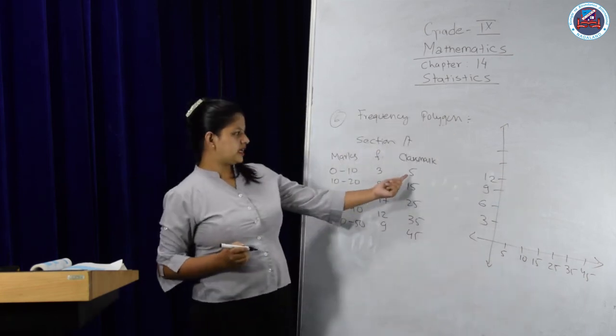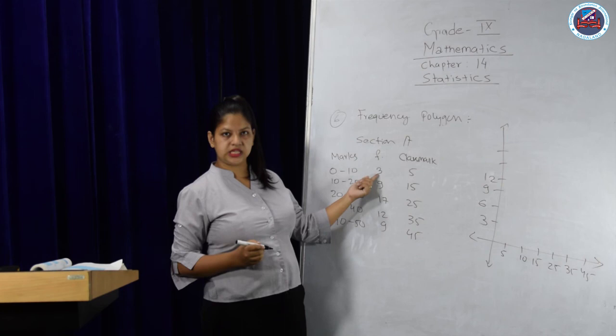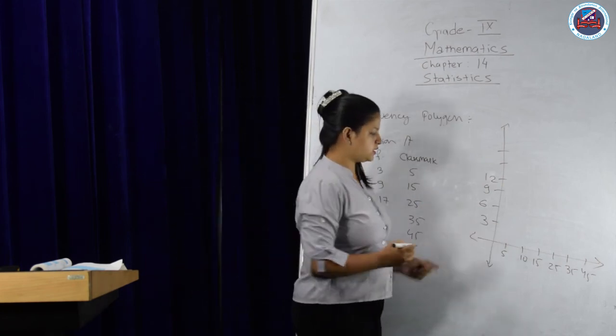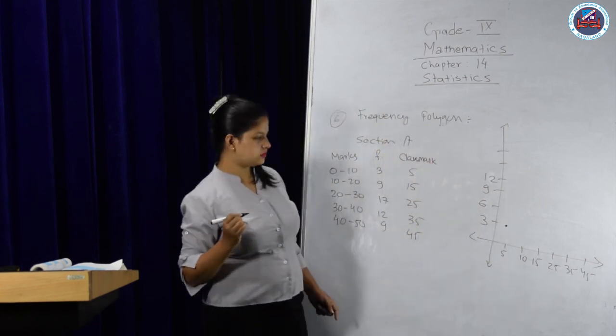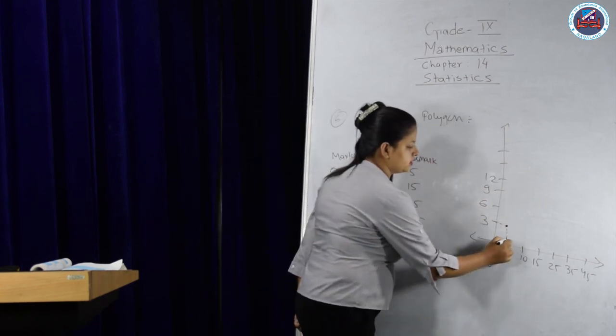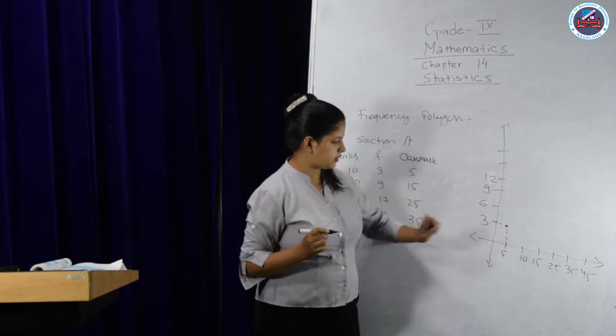The class mark 5 has frequency 3. So 5 is here, 3 is here, and your first point would be here: 5 and 3, like this. No need to draw this particular line down.